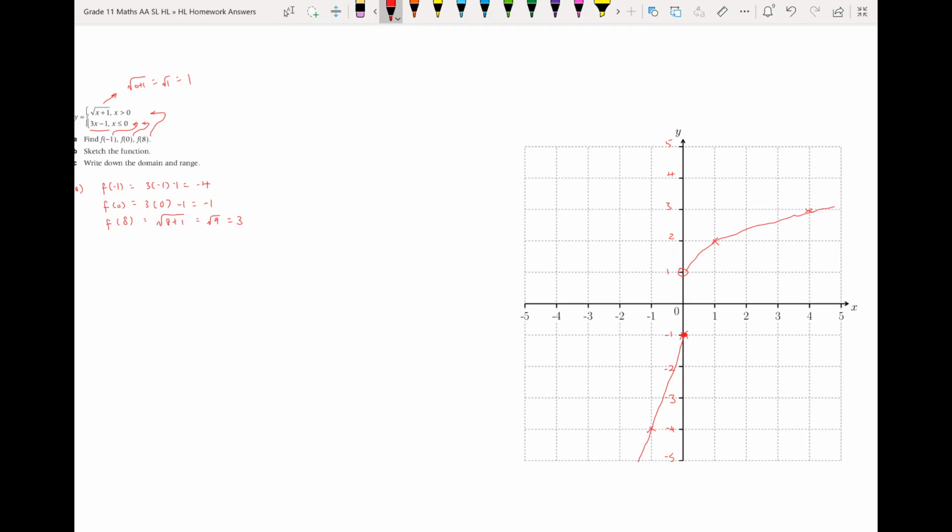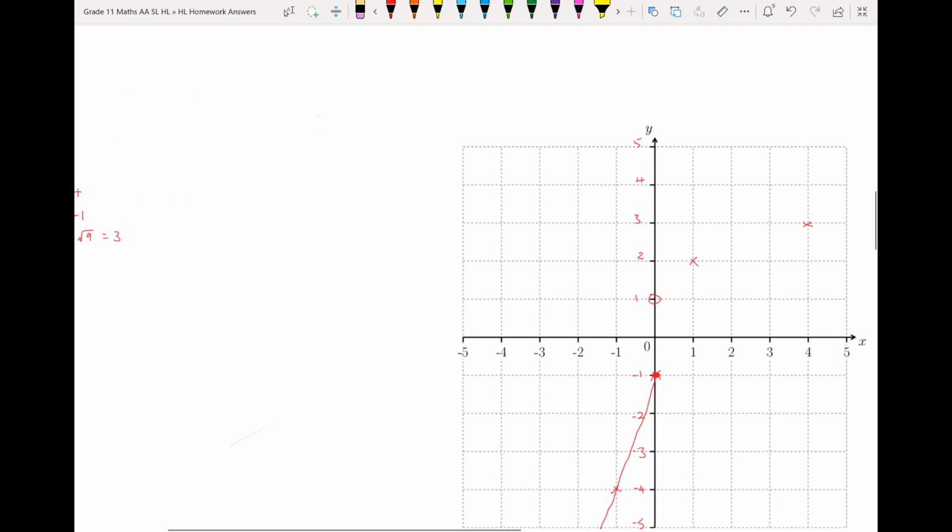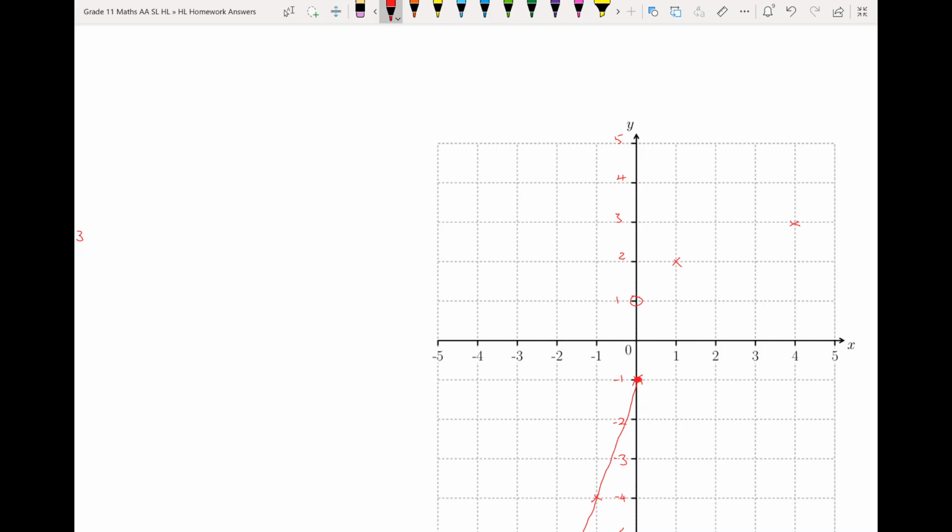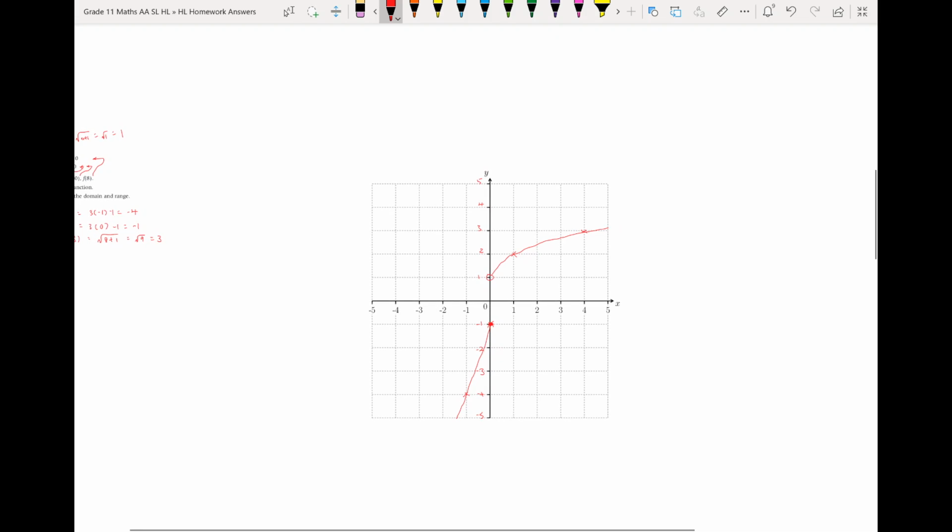You can also just take some of these x's, 1, 2, 3, 4, and plug in a few of them. I just plug in the perfect squares, 1 and 4, because I know they're going to give me numbers that are exactly integer.